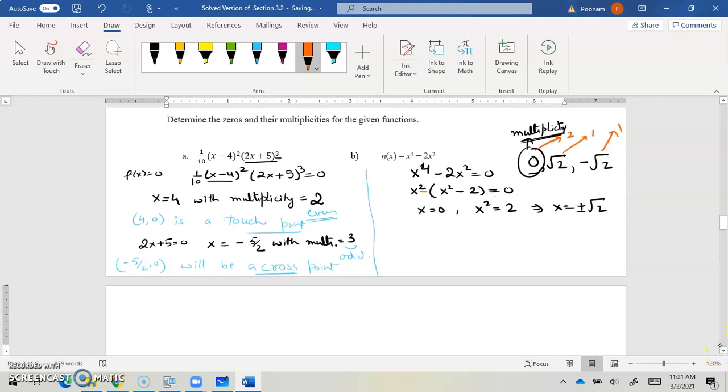Okay. So at (0, 0) it will be a touch point. At (root 2, 0) and (negative root 2, 0) will be cross points.